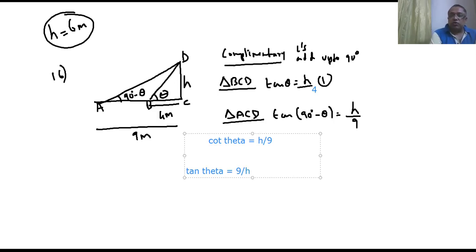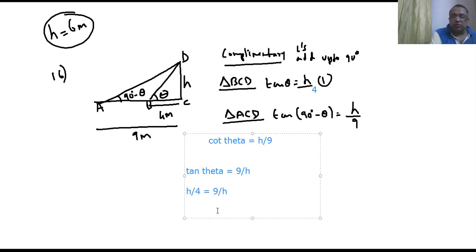So now if equation 1 and the equation that we have got right now, that is tan theta is 9 by h, if I am going to equate that, what will happen? I'll get h by 4 is equal to 9 upon h, because the tan thetas are getting equated.